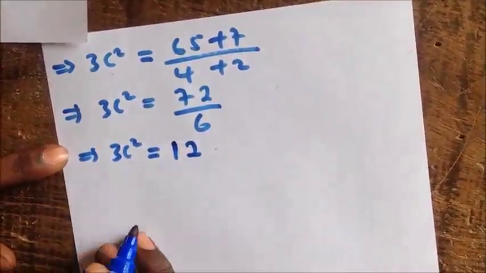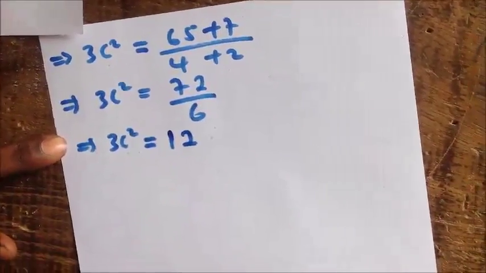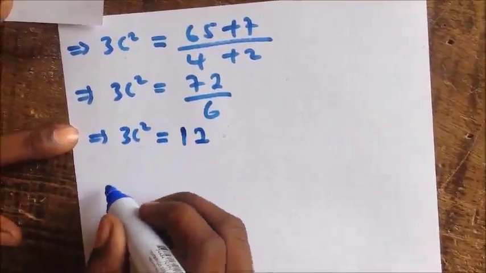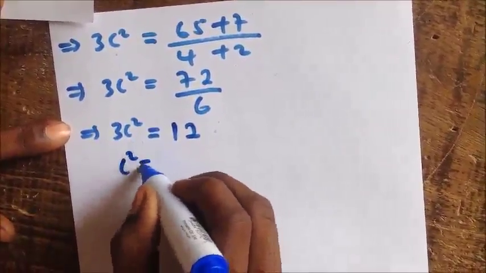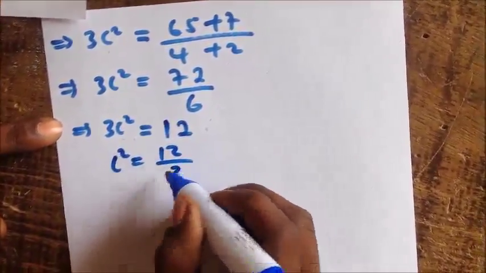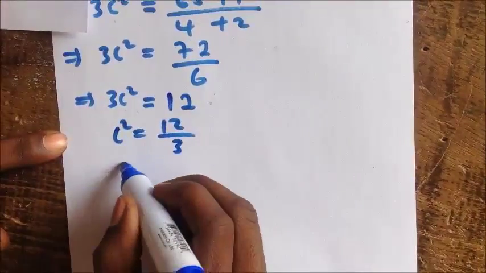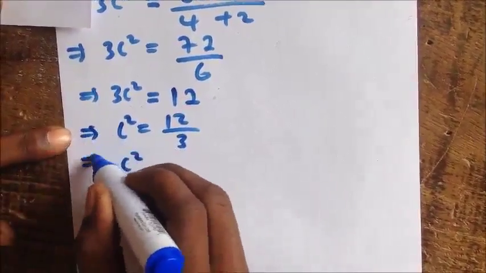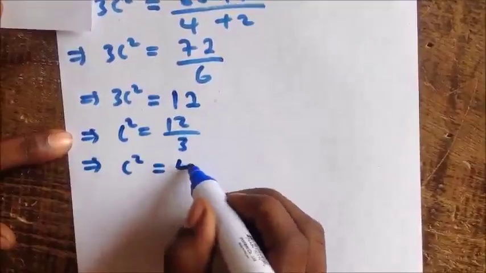We are looking for c, so we divide both sides by the coefficient of the unknown, which is 3. So c squared is equal to 12 divided by 3, which is 4.